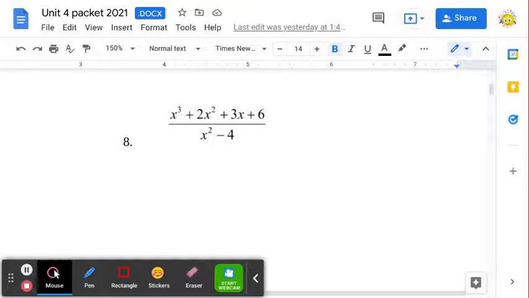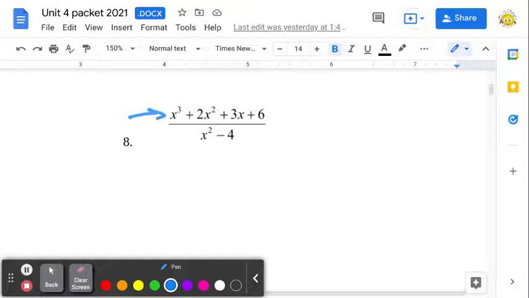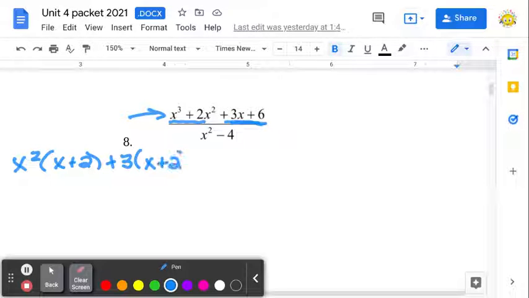So now for number 8, this top one is grouping. You're going to take the GCF of the first two terms, take the GCF of the last two terms. I'm just going to do this off to the side. So I have x squared and then x plus 2. And then in the second group, I'm going to take out a 3 and I have x plus 2.